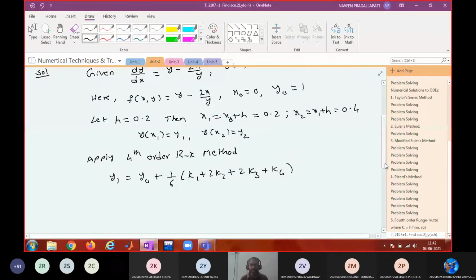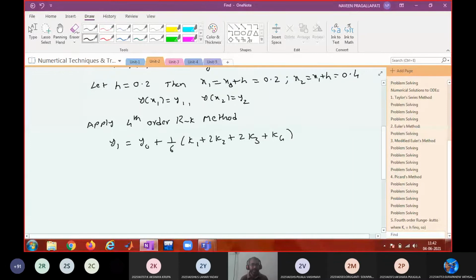So find out k1, k2, k3, k4, where k1 equals h into f of x naught, y naught.